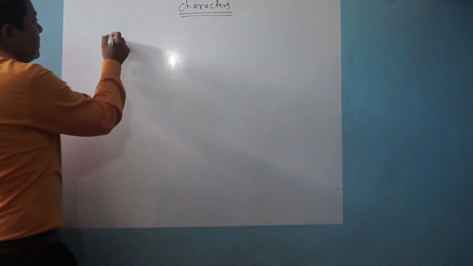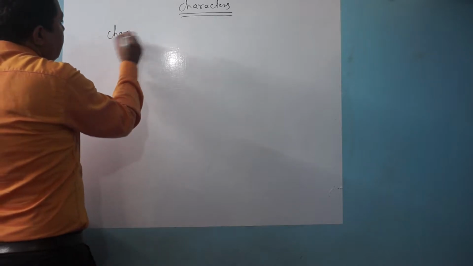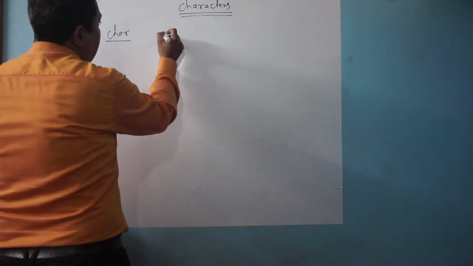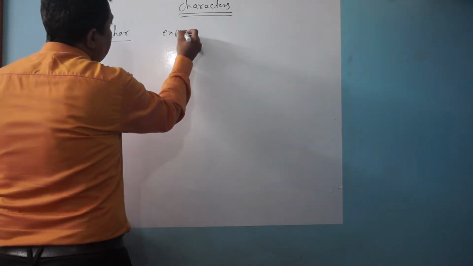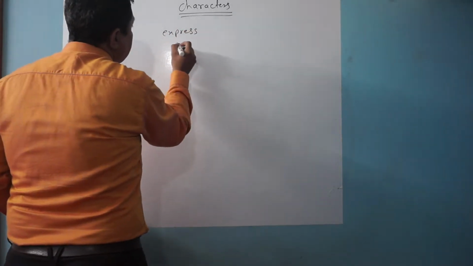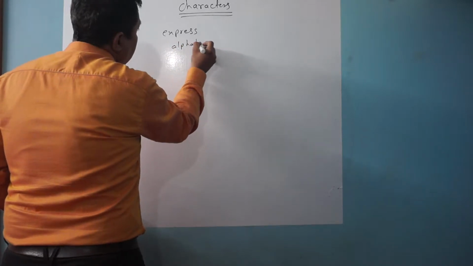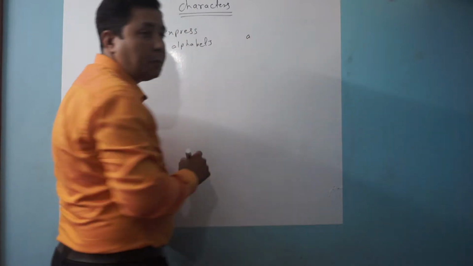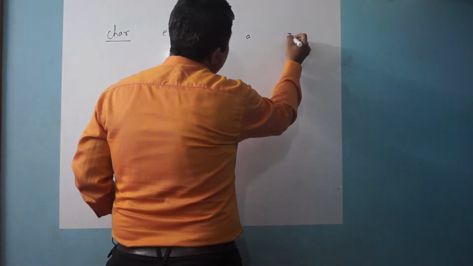In C language, character is represented as char, and we can express alphabets starting from small a and ending at small z.